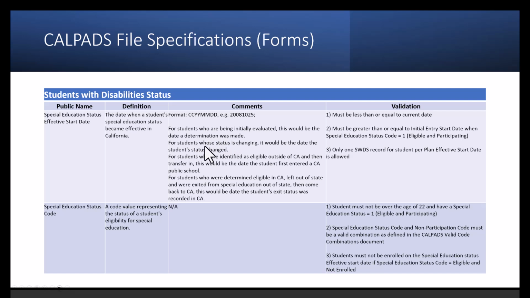The status date for students whose status is changing would be the date the student's status changed. Then there's descriptions for students transferring from outside of California. Under validations, you can see must be greater than or equal to the initial entry start date when special education status is 1, eligible and participating.